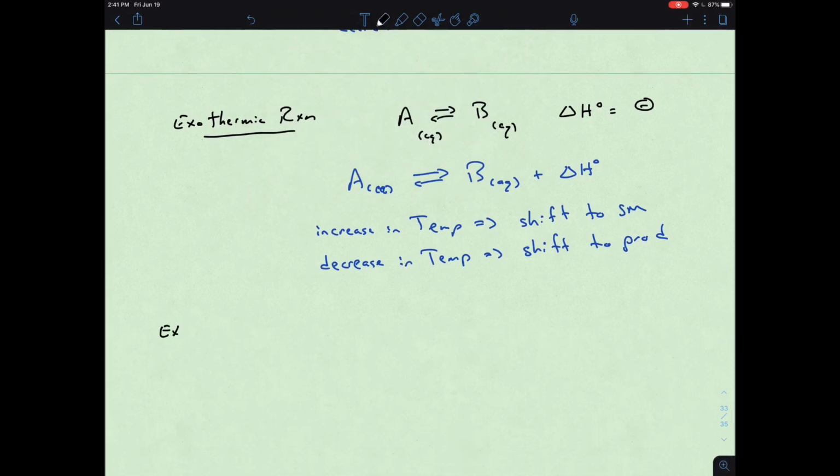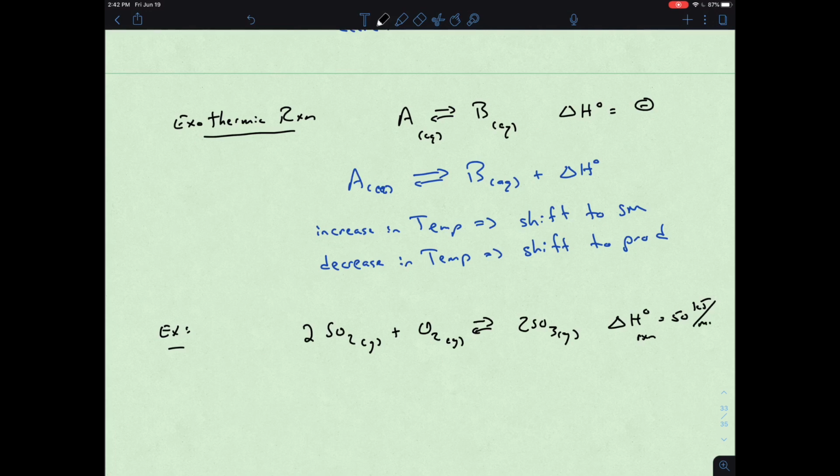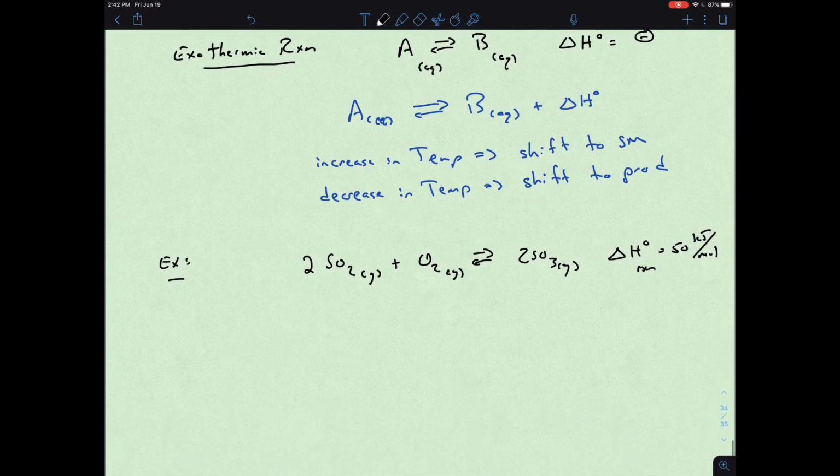So as an example, we could go back to our sulfur dioxide example. So here our delta H is 50 kilojoules per mole.